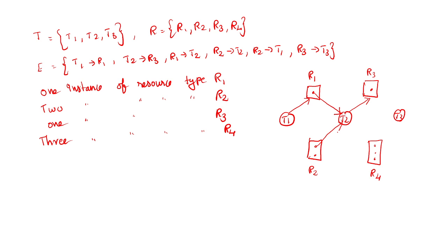Okay. Then R2 has been allocated to T1. Next, R3 has been allocated to T3. Only one instance, so it has been allocated to T3. That's all. So this is the resource allocation graph for the above given details.